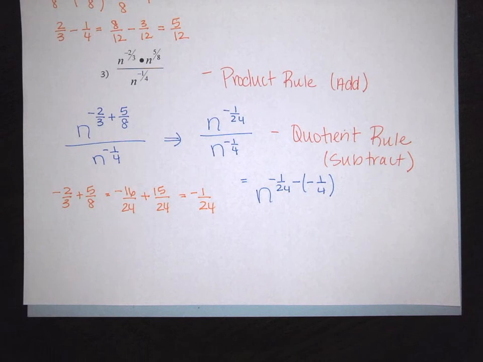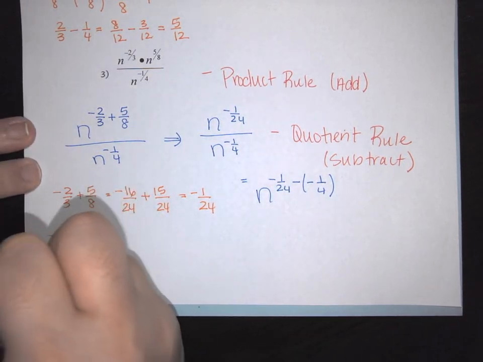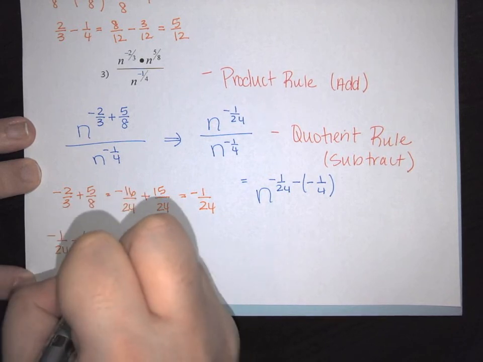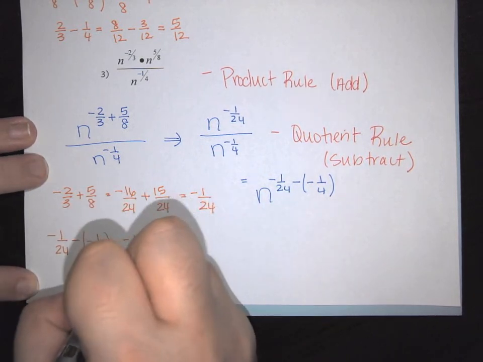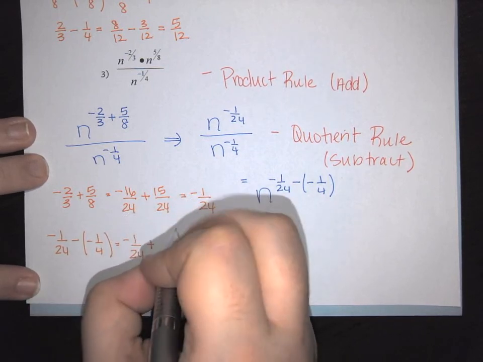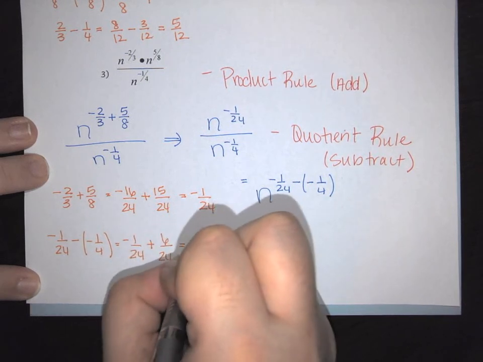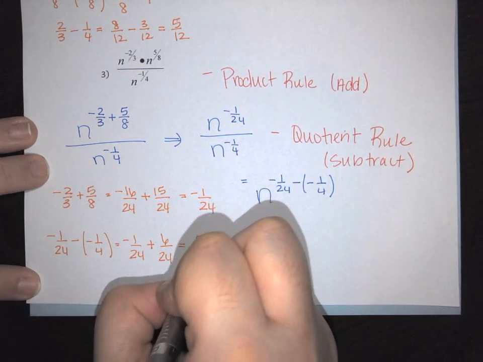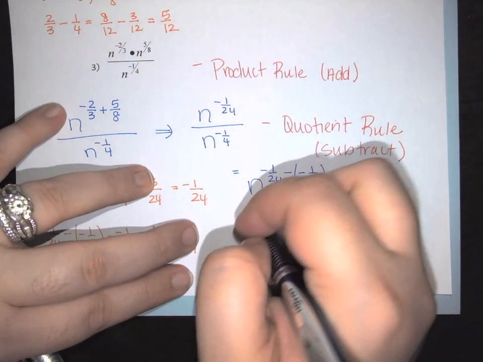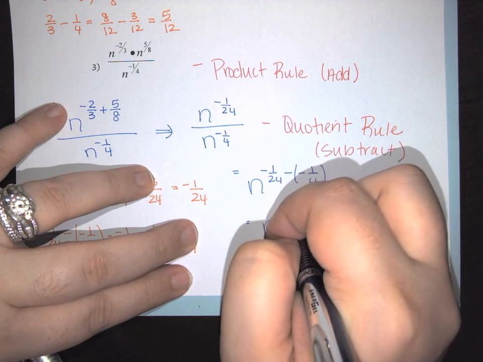So just like before, I need to go ahead and do that math. I have negative 1 over 24 minus a negative 1/4. So this is negative 1 over 24 plus 6 over 24, which is going to reduce to 5 over 24. So in this case, what we end up getting is n to the 5 over 24.